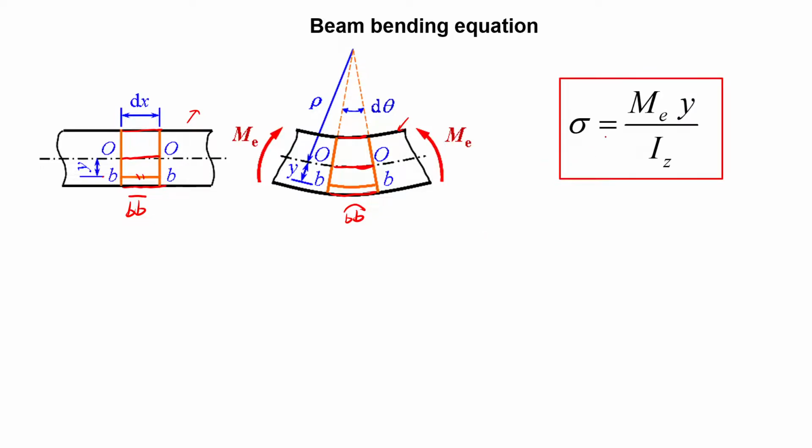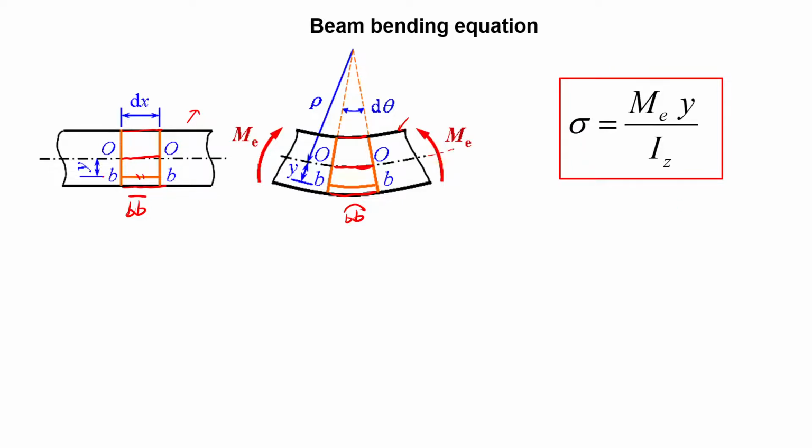Here I'm just showing the final equation, which is the bending stress equal to the moment you applied times the distance y, the location along the beam thickness direction, divided by Iz.